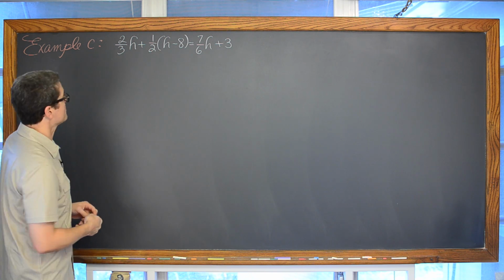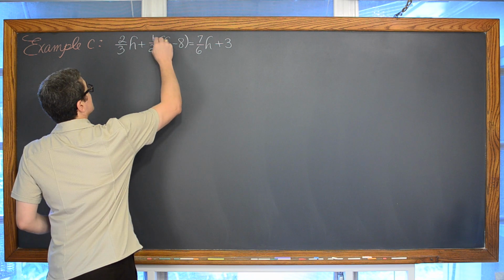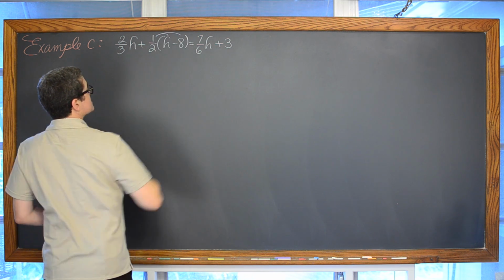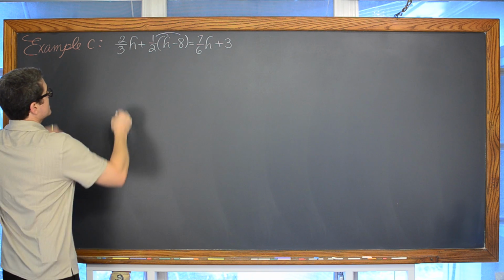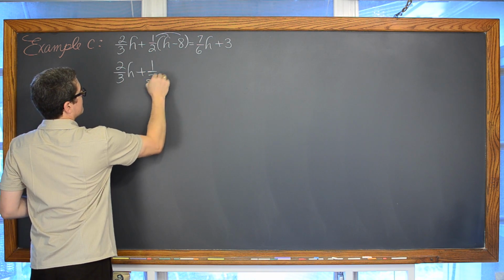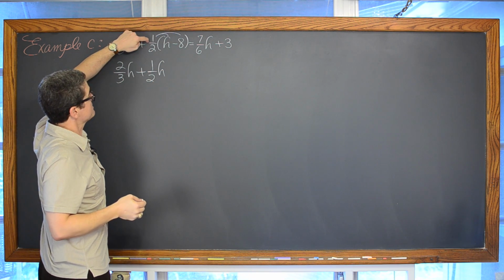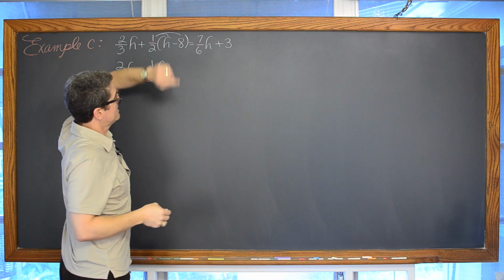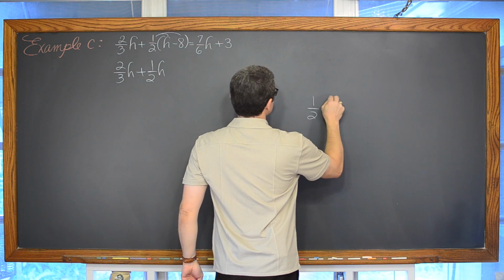We're going to distribute through those parentheses to rewrite the open sentence, the equation, so that it does not have parentheses. And that means that we're going to have 2/3 h plus 1/2 h, because 1/2 times 1 is 1/2, and then positive 1/2 times negative 8, well, 1/2 times negative 8.